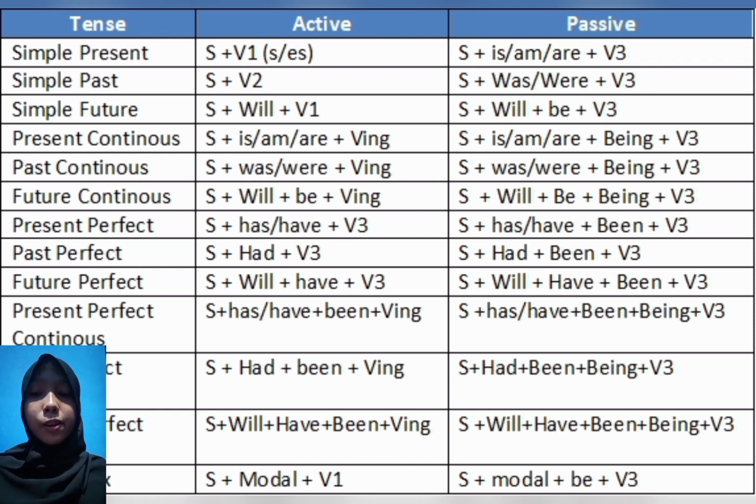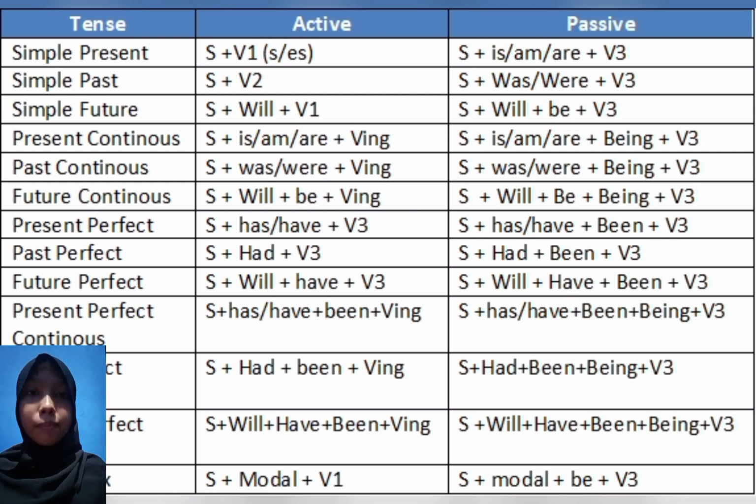Pattern passive: subject plus will plus have plus been plus verb 3. Present perfect continuous, pattern active: subject has or have plus been plus verb ing.